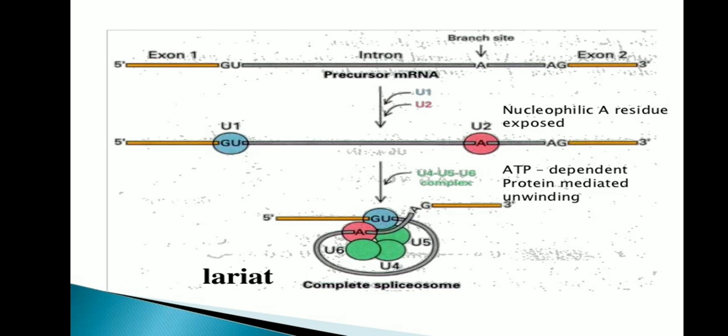Here we will see the mechanism behind this. The splicing signals in the nuclear mRNA precursors are uniform, right? You know the spliceosome.